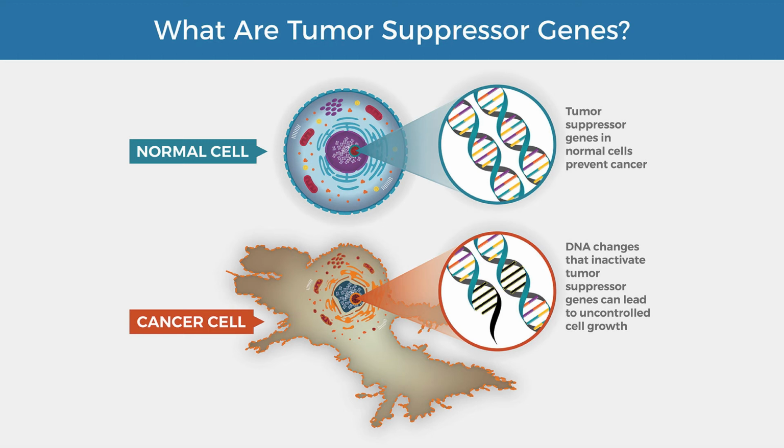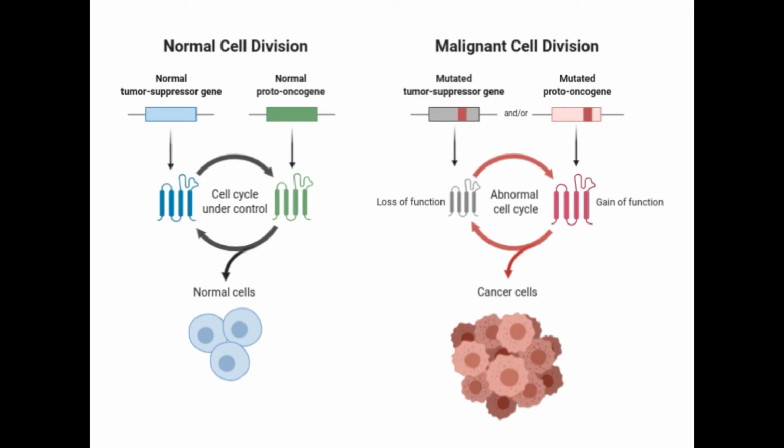Think of them as armed guards that are continuously monitoring genome replication. Anytime a mutation or error occurs, these guards respond to those errors either by terminating the cell or by initiating repairs.